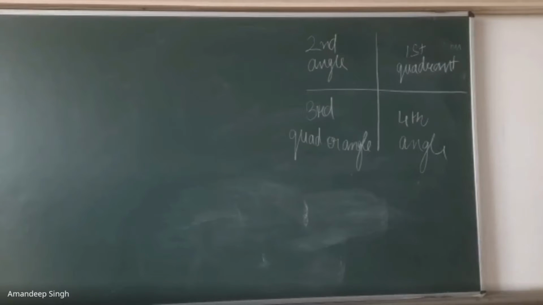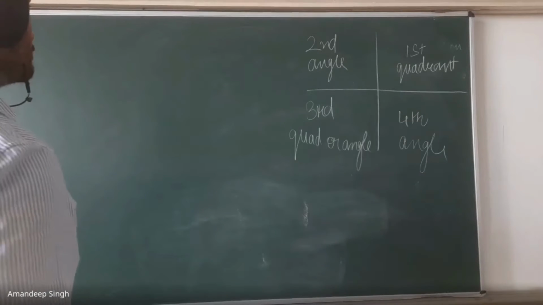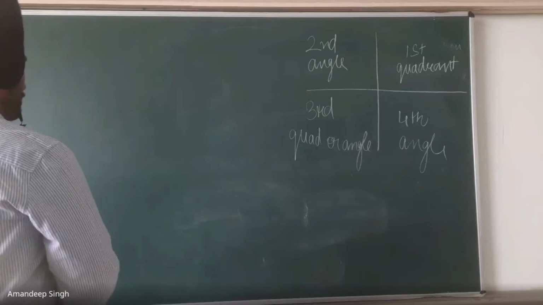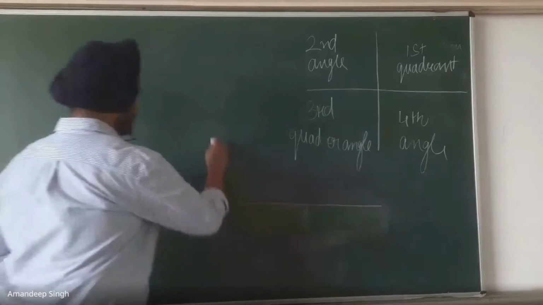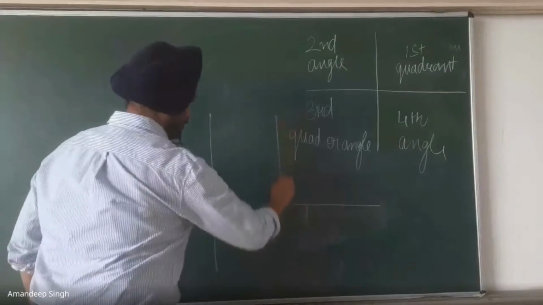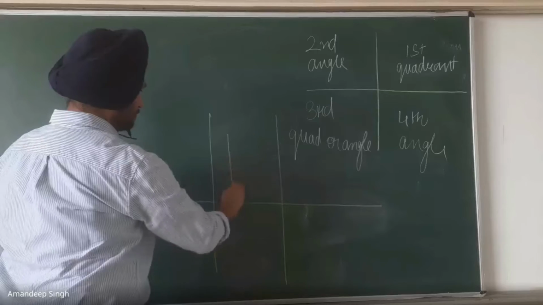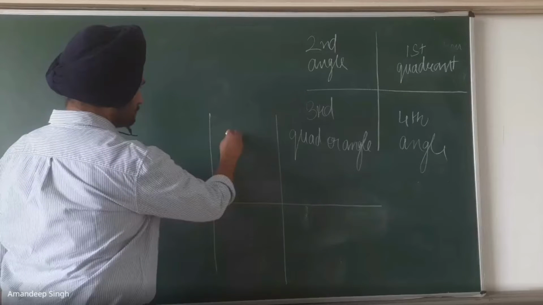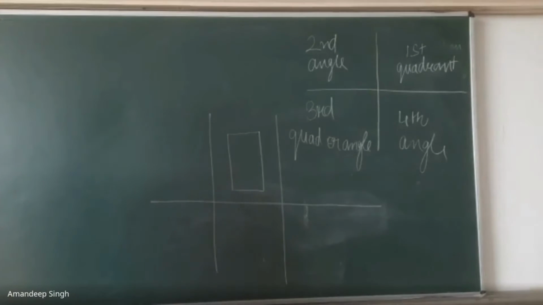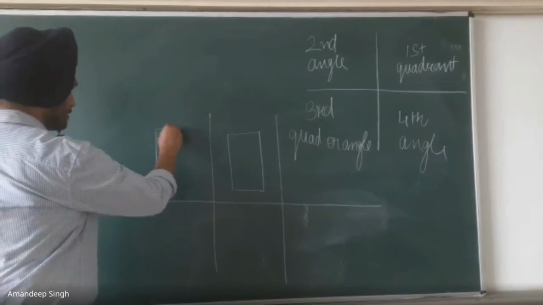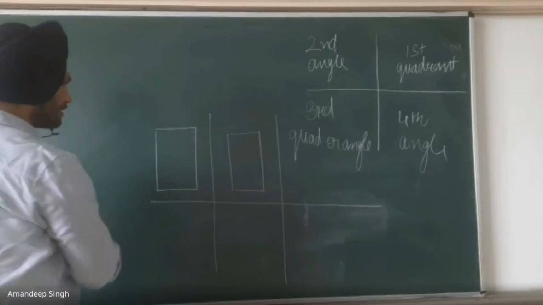In the first angle or the first quadrant projections, the front view of a cylinder is a rectangle. The side view of the cylinder is a rectangle.